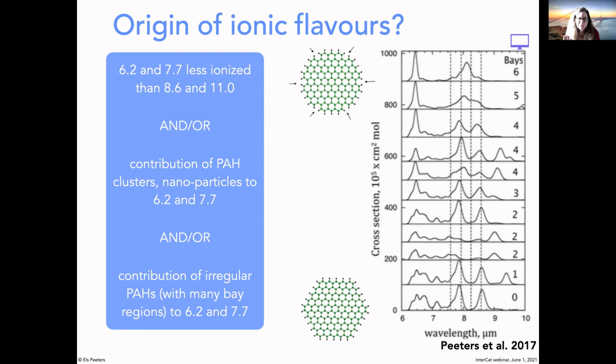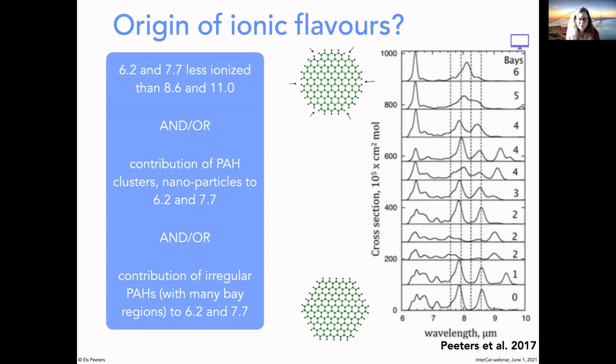It could be that because the 6.2 and 7.7 are peaking slightly further away from the ionizing star, they are overall less ionized than the 8.6 and 11.0. So it means that you're getting to the point that you can probe differences in charge balance beyond neutral and ion.